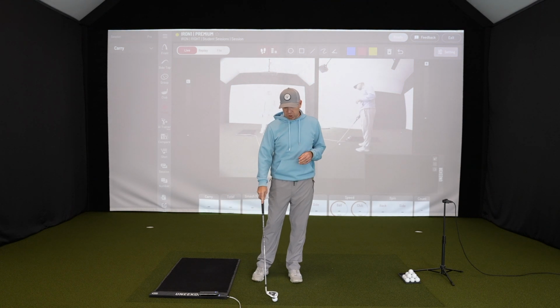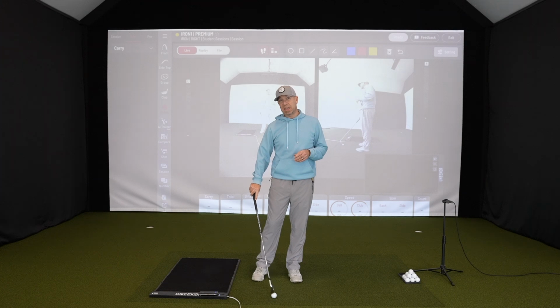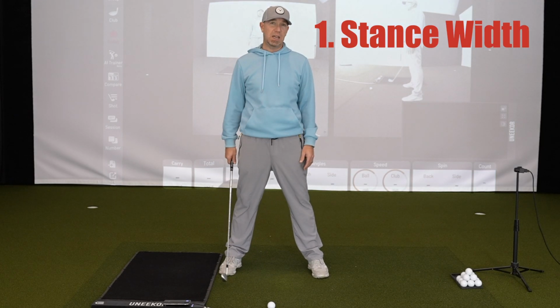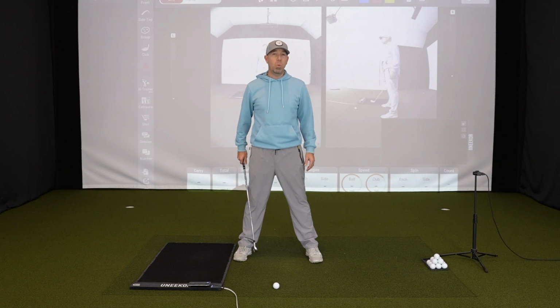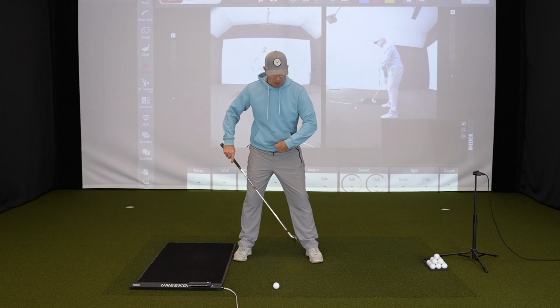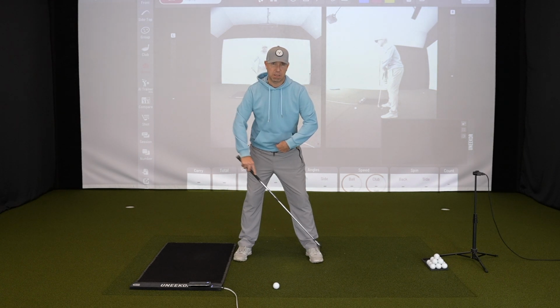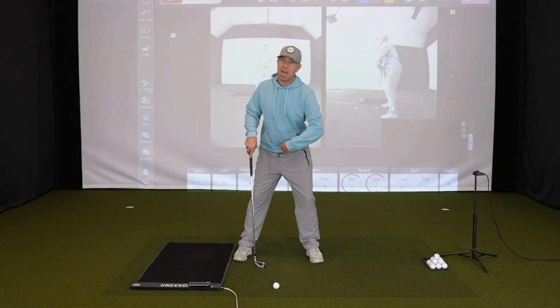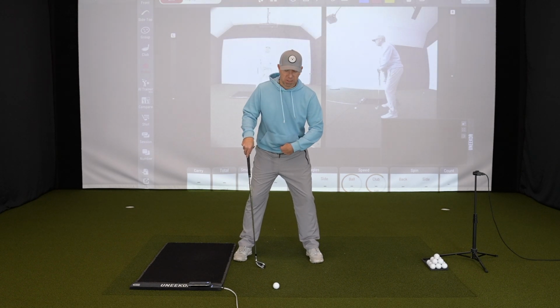A lot of golfers struggle with a lead side sway because they have too wide of a stance. When you have too wide of a stance, your center of pelvis is far away from your braces. So your braces, your legs are braces. They brace energy, they brace momentum.